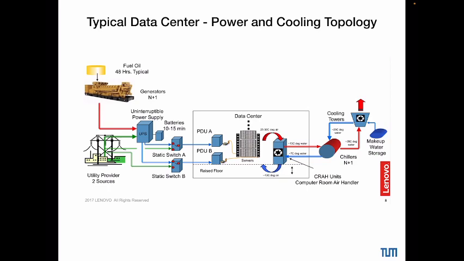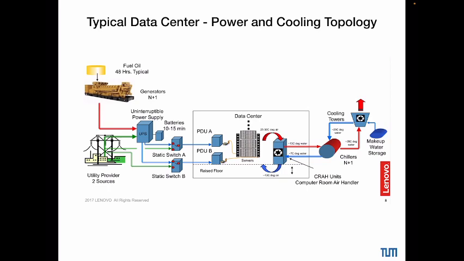So we need uninterruptible power, and there are two things that are typically done in these data centers. You have batteries, and if you go to LRZ and someone would take you into the cellar, you could actually see rooms full of batteries like you have in cars, these lead-acid batteries.